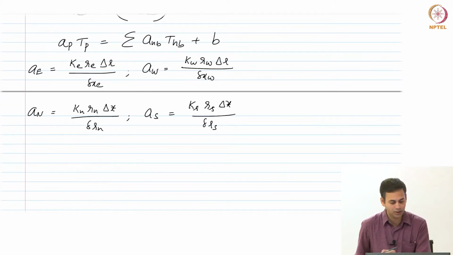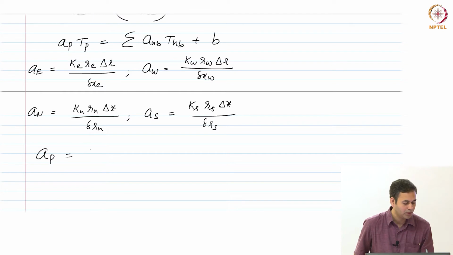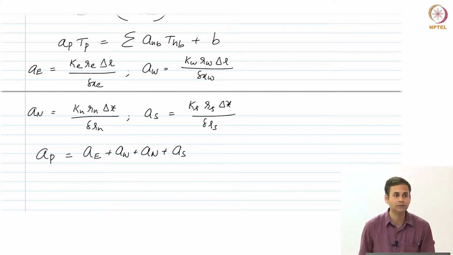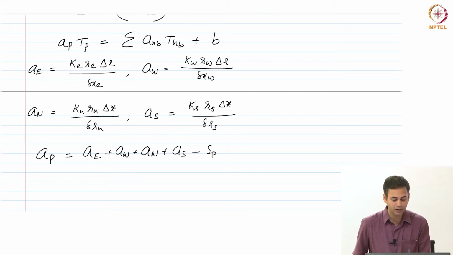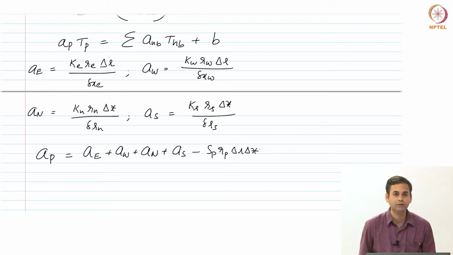Of course, what is AP? AP would be east, west, north and south, and what else? Minus SP delta V, that is nothing but RP delta R delta X. And then what is B?